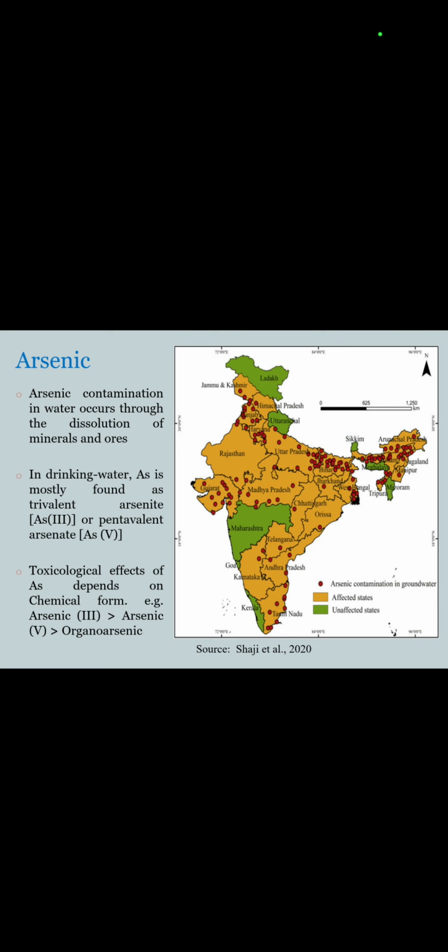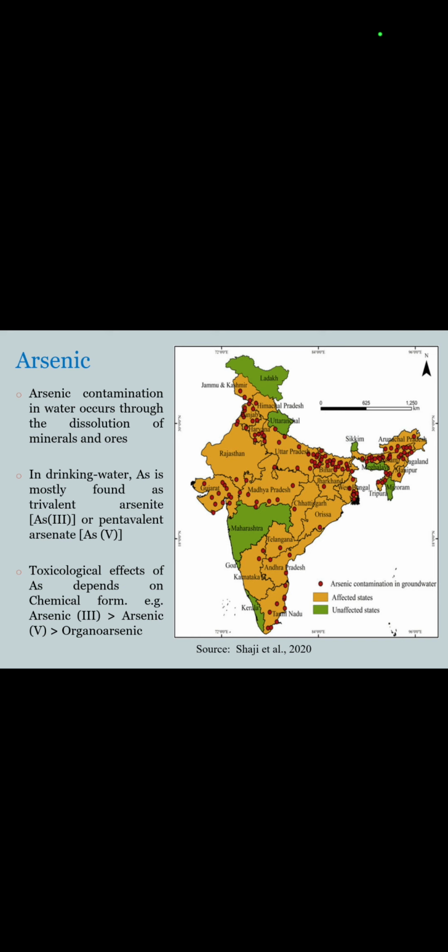So this image here shows the areas across India which are reported to have arsenic contamination in the groundwater. How does arsenic get into water? If it's a geogenic contamination, it occurs primarily due to dissolution of minerals and ores.